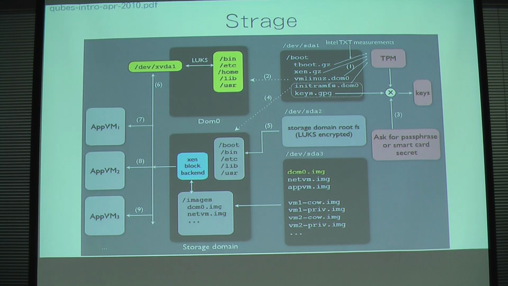So it maintains a secure environment by Intel TXT, and loads other storage domains with some kernel modules and a root file system. And after this sequence, Qubes OS provides some functions to access the file system to AppVMs.